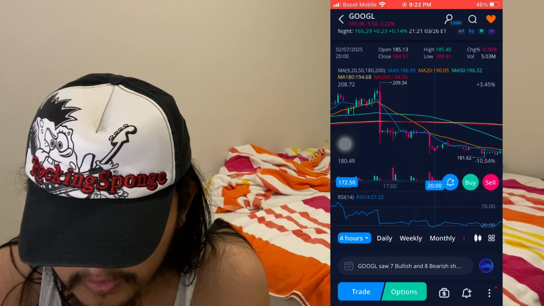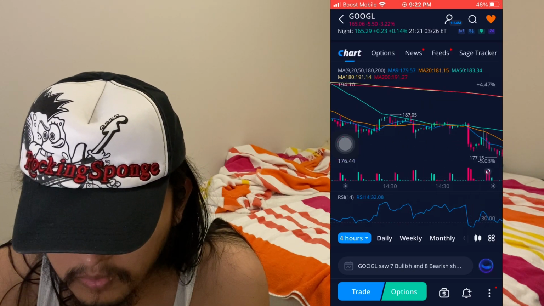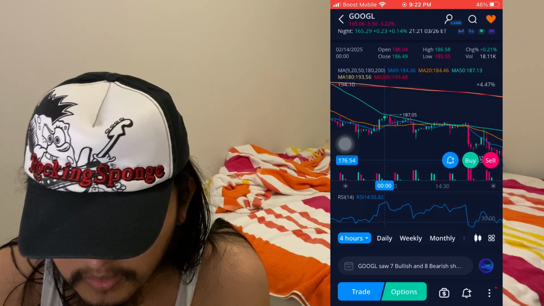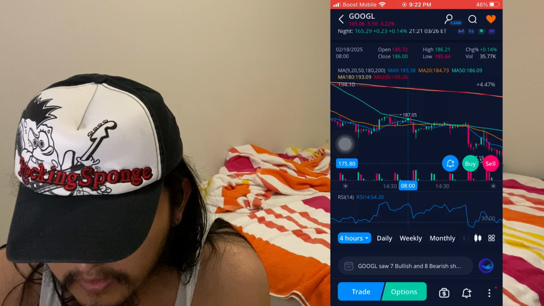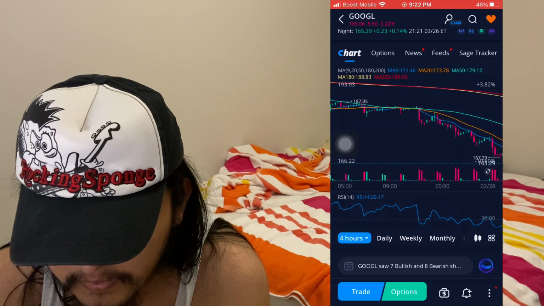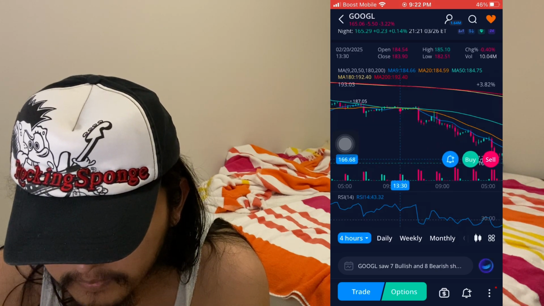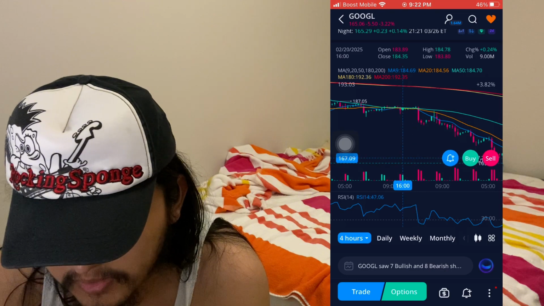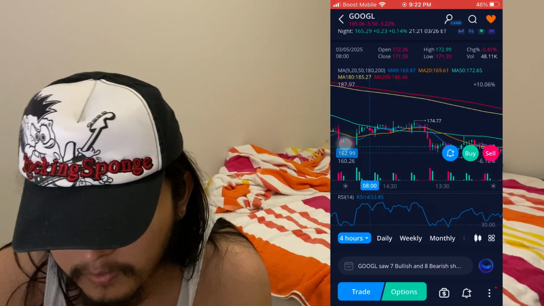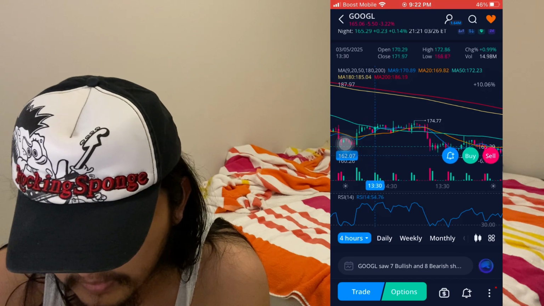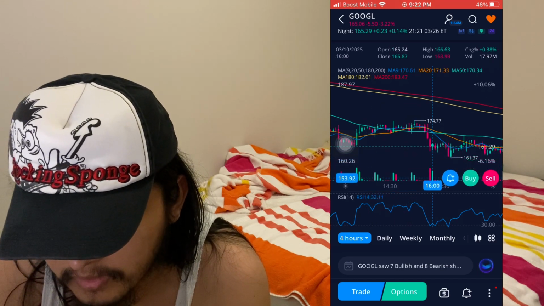And then ever since, Google here tried breaking the 50-day moving average. It tried breaking the 50-day moving average here, here, and I guess you could say here too, because if you waited a couple days and bought put options, you would have made a big gain.